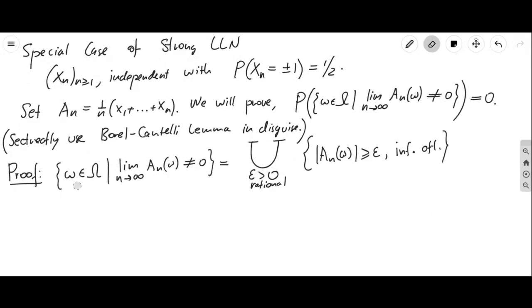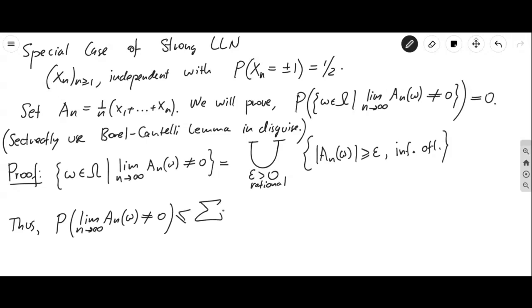So why are we doing this? Well, because we want to show the probability of this is equal to 0. So thus, the probability of this event, and I'm going to stop writing omega in the sample space, I'll just write this. So the probability of the event where an of omega is not 0 is less than or equal to, because it's a countable union. Usually the probability of a disjoint union is the sum of the probabilities.